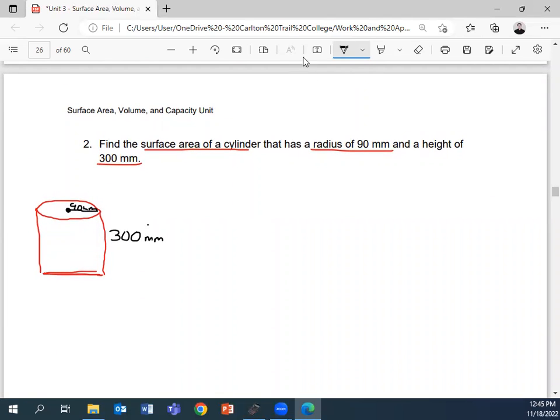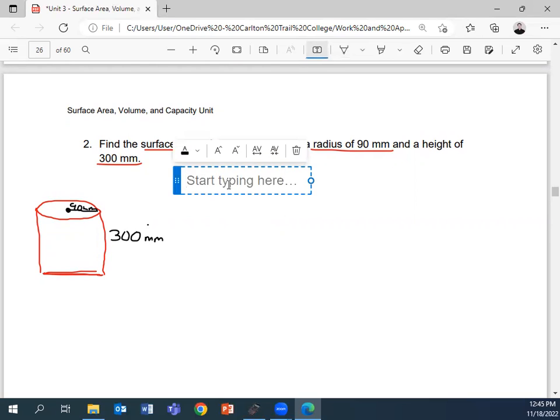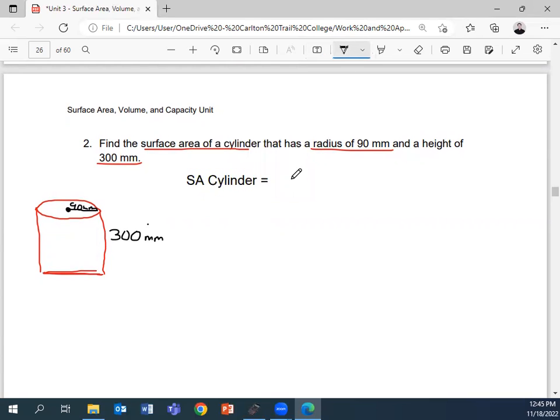So the SA of my cylinder, the surface area of my cylinder, is just circle, circle plus rectangle, right? That's how I find it. The top circle, the bottom circle, and the rectangle that forms the can. That is how you find the area of a cylinder. It's just a composite shape made up of slightly different things.